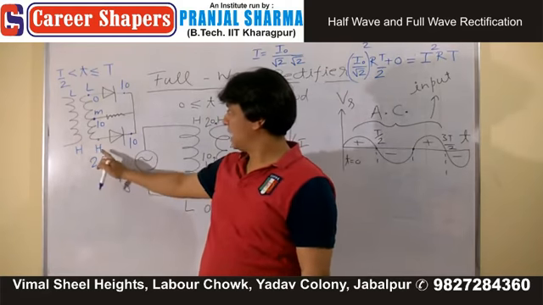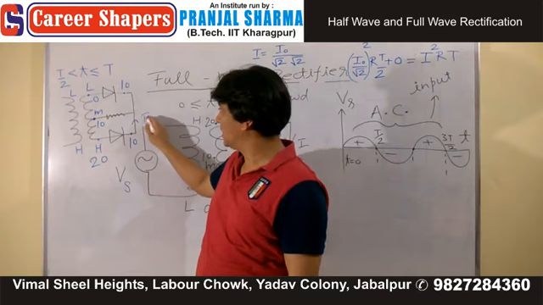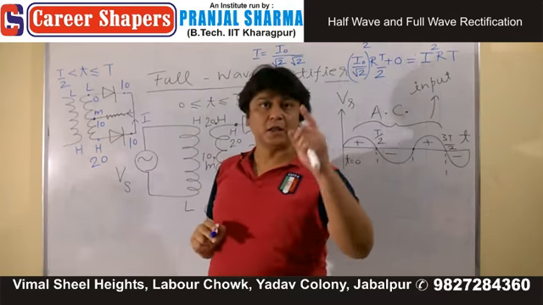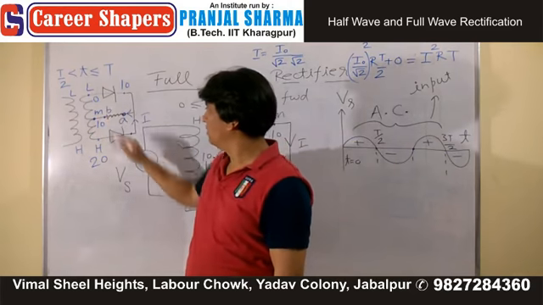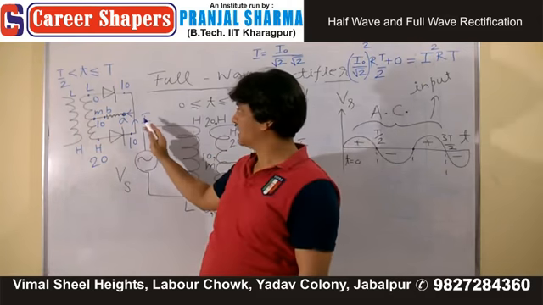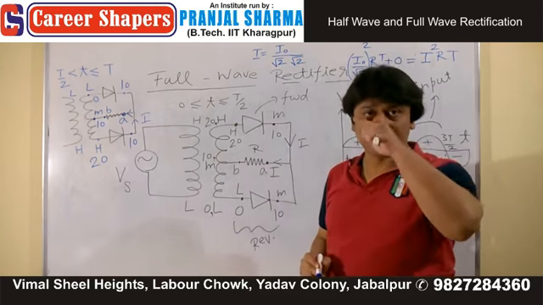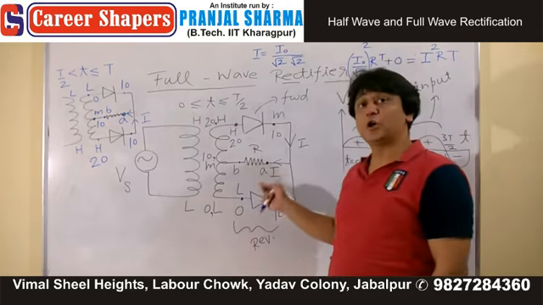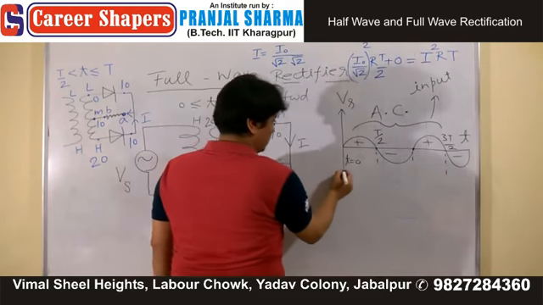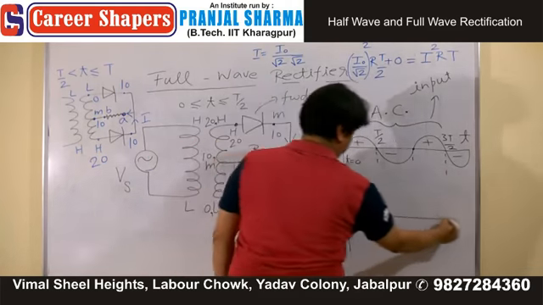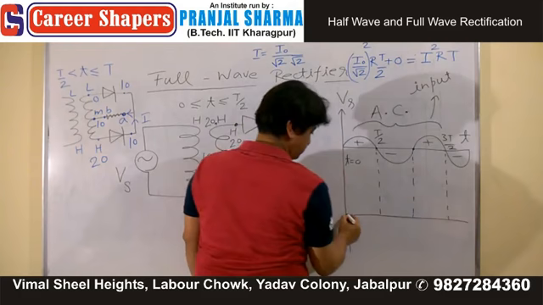Whereas the bottom one, 20, 10, that's called forward bias, and therefore there will be a current through it. And the most important thing, current is still flowing from A to B. That means the direction of current does not change and is also present in the external load, which gives us an output in this form.